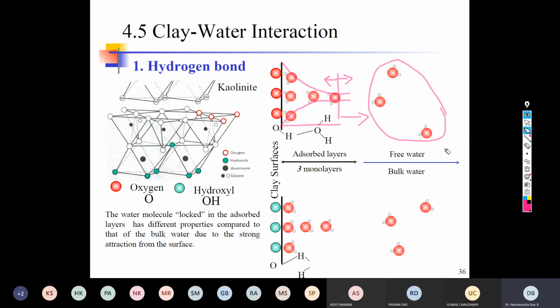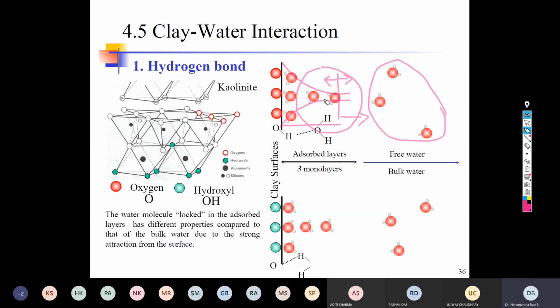Removal can be done by different means. One important point: when you talk about removal of the adsorbed layer, we can remove only the outer layer, not the Stern layer. Always remember, we can't remove the Stern layer. We can only remove the layer of water outside the Stern layer.